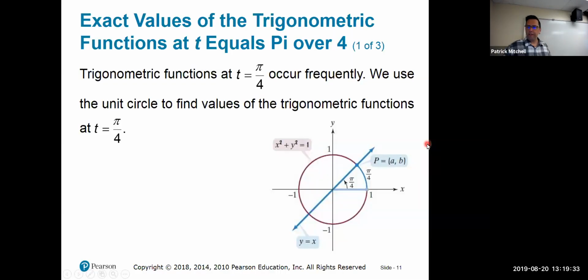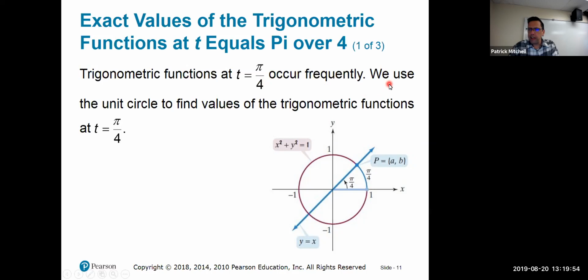All right, so our first example is finding the exact values of the trigonometric functions at t equals pi over 4. Pi over 4 is a very common angle, and we talked about it in 4.1.